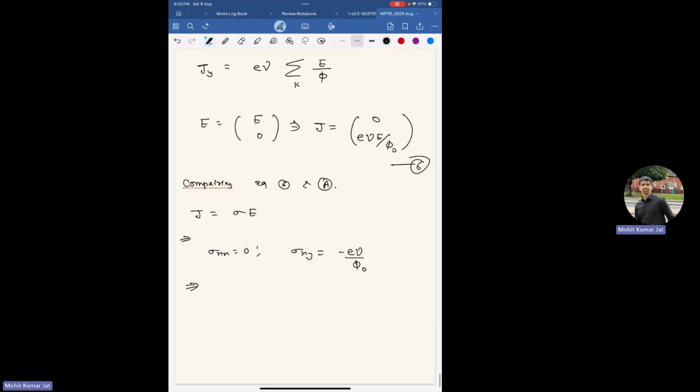This implies rho xx is 0 and rho xy will be minus phi naught by e nu, and phi naught is nothing but h by e, so minus h by e squared times nu, which tells you that your resistivity goes as h by e squared times your Landau index nu.